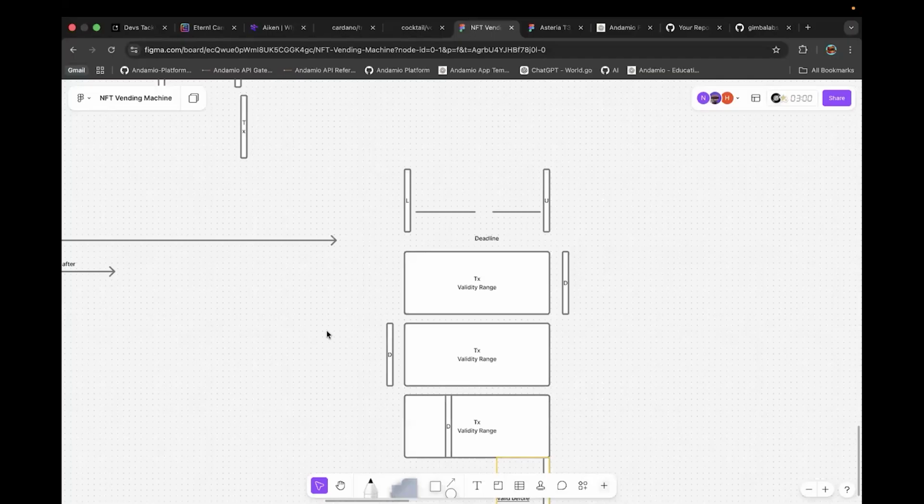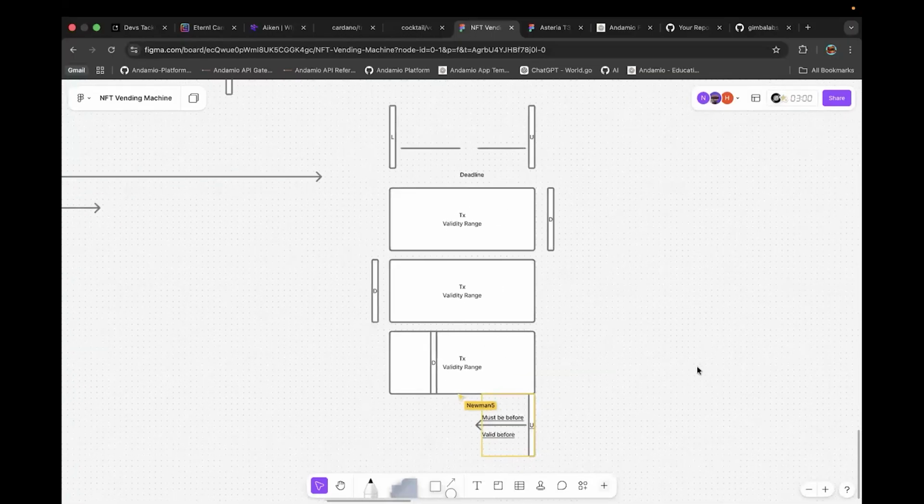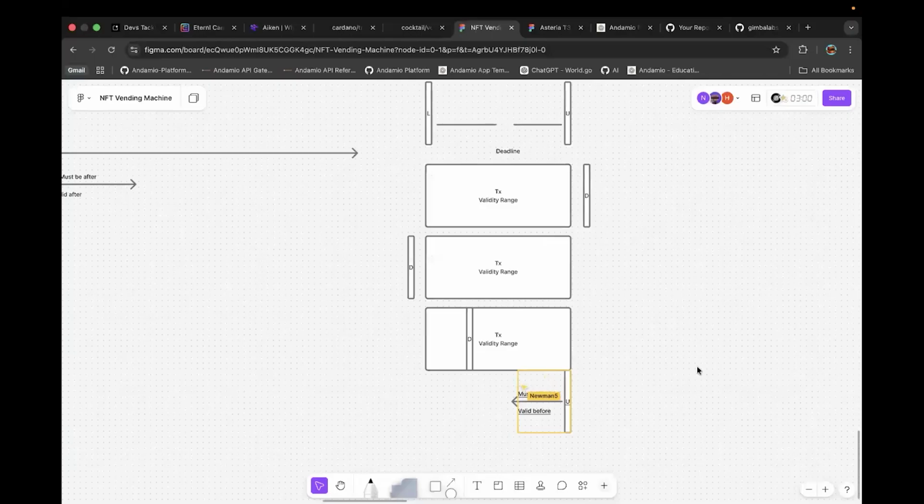So if it's, well, wait a minute, wait a minute. This goes with this, with our deadline, because it's valid before this. Oh, we've got two different ranges. That's what it is. This makes sense to me.